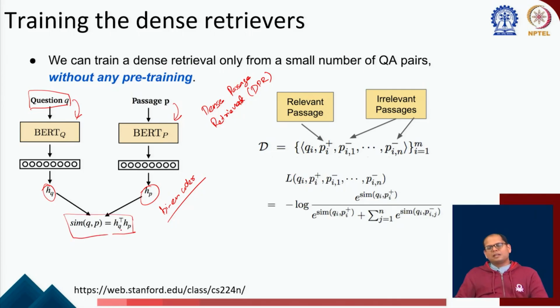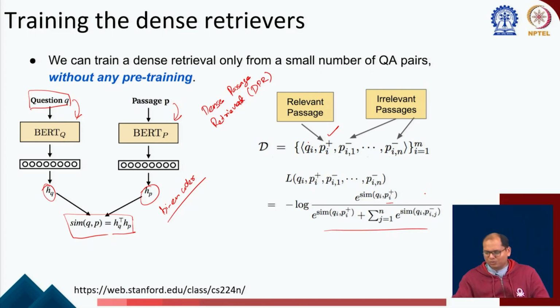Now, if you have to fine-tune these models, you have to get some training signal, some loss. For getting the loss, given a query, you need one positive example and some negative examples. Once you have them, this is one kind of loss we can use: taking a softmax over the similarity of the query and p_i plus and the other passages.